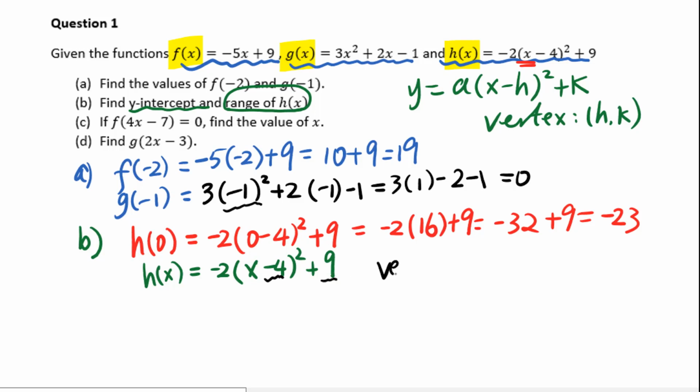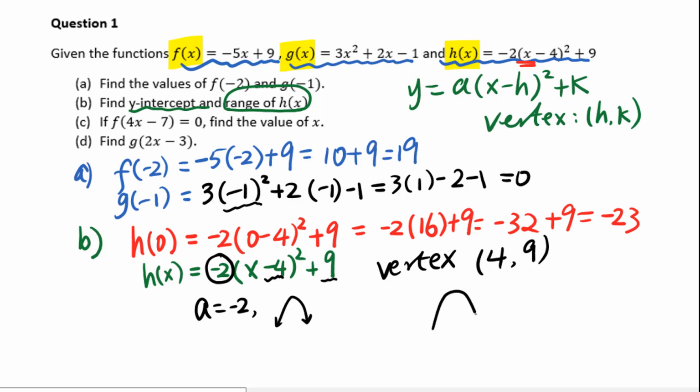If we know the vertex, that is (4, 9), then we know a is negative 2. When a equals negative 2, the graph opens downward. Basically, we can sketch the graph like this. Then we have this vertex (4, 9). You could say the range will be less than or equal to 9.